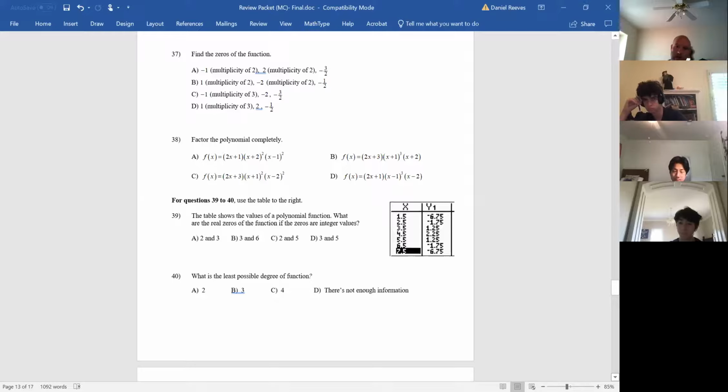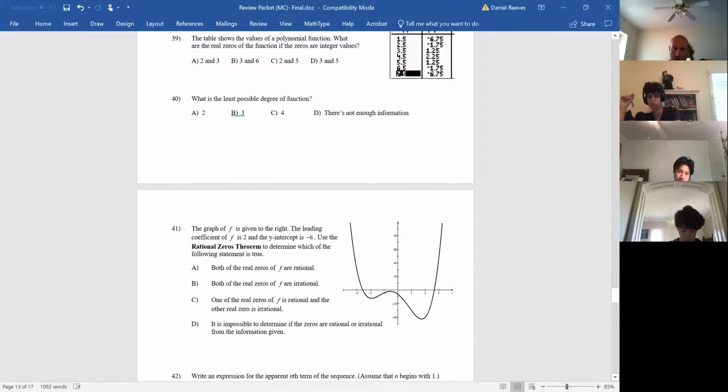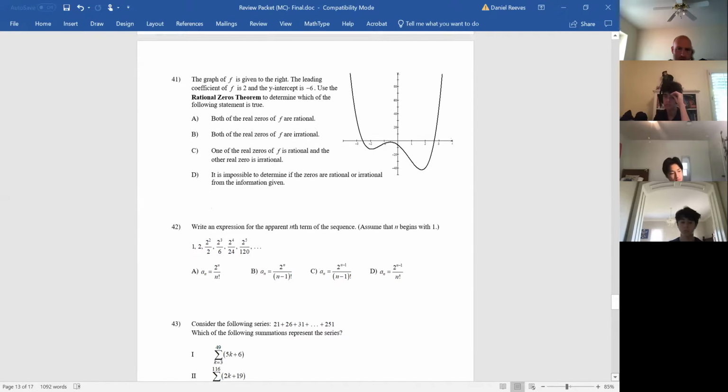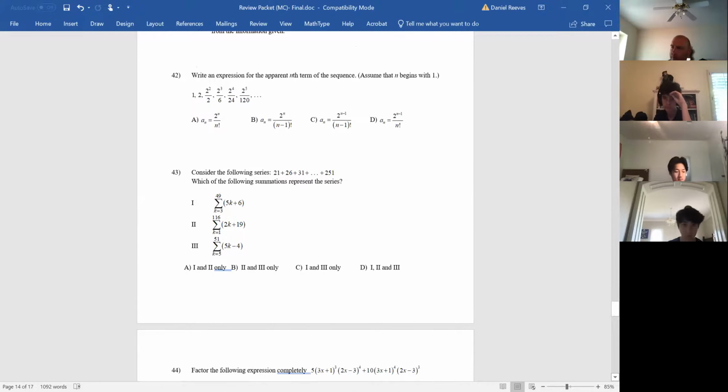Okay, fair enough. Range, coefficients, rationalization. Okay, that's good. All right, I'm on to 42, and this is looking somewhat familiar.